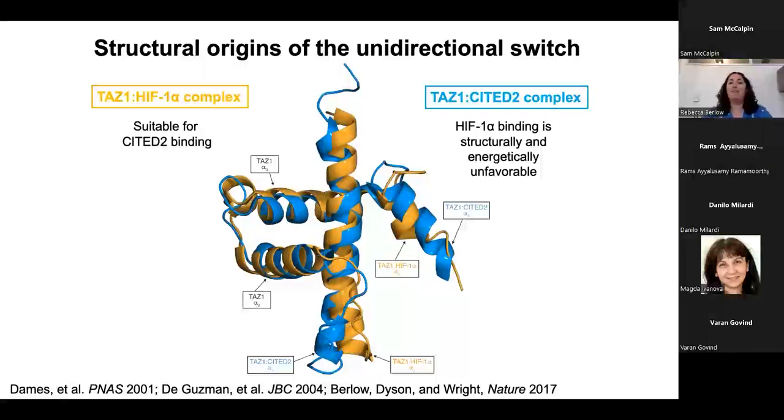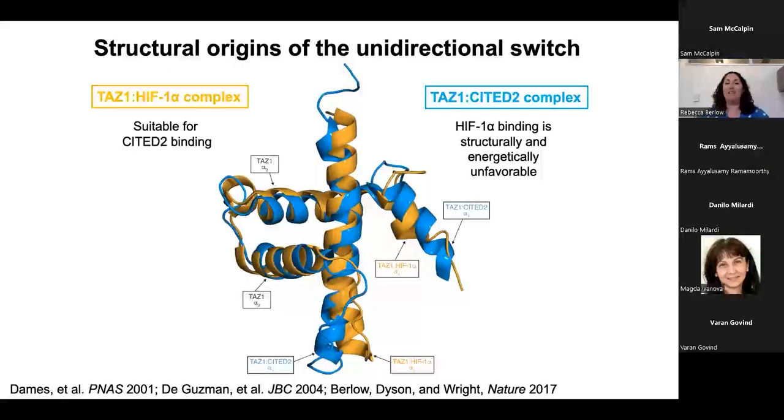And this is simply due to some common perceptions in the field and also in the literature that the folded domains of CBP and P300, like TAZ1, are thought to be rigid scaffolds for binding of different disordered ligands. And that would really be the simple understanding of, if the folded domain is really just there as a passive partner for interacting with all of the different disordered proteins, that would remove a level of complexity.